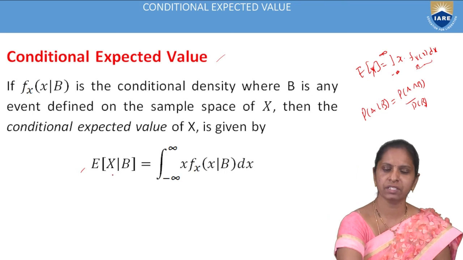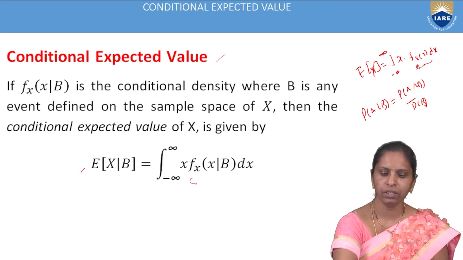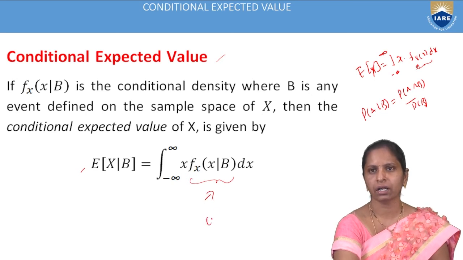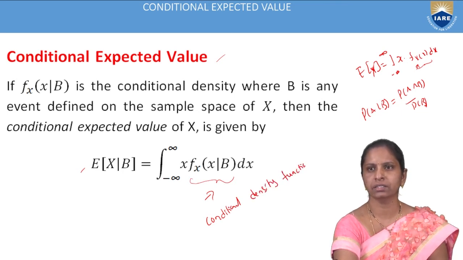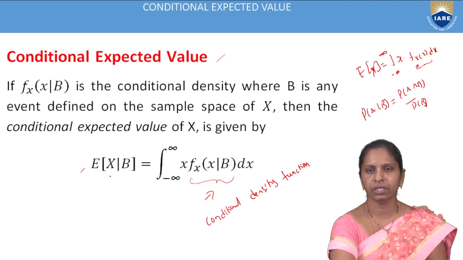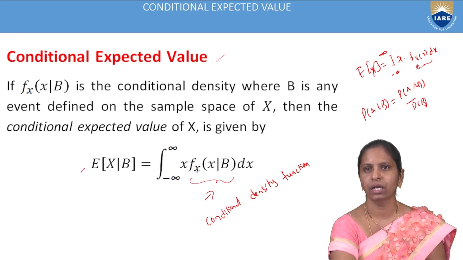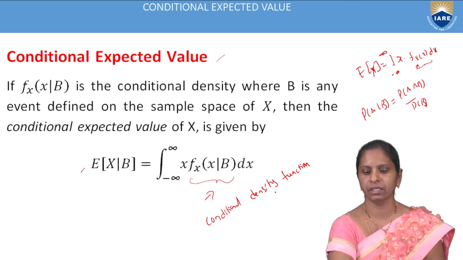But for conditional expectation, we have to write the conditional density function. So E of x given b equals integration from minus infinity to infinity x into f x of x given b dx, where this f x of x given b is called the conditional density function.